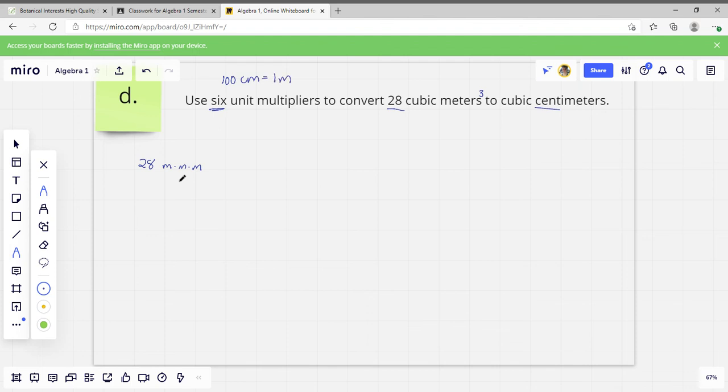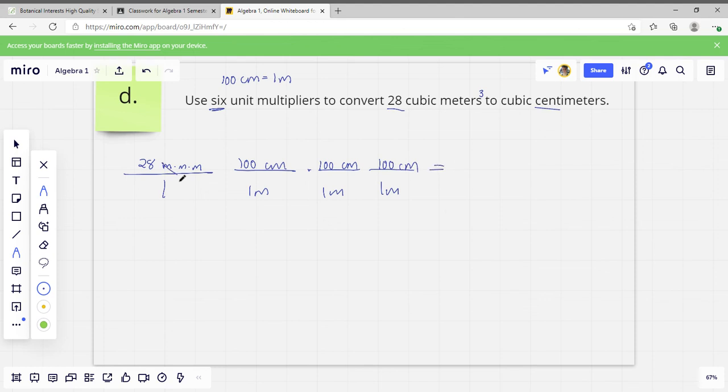Okay, but why would we need 6? Let me look at this. All right, I don't think we need 6. So if we put that over 1, then we would have 1 meter, 100 centimeters, and 1 meter, 100 centimeters, and one more time.